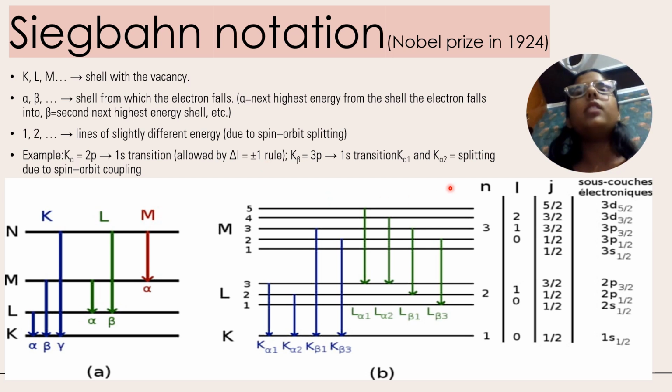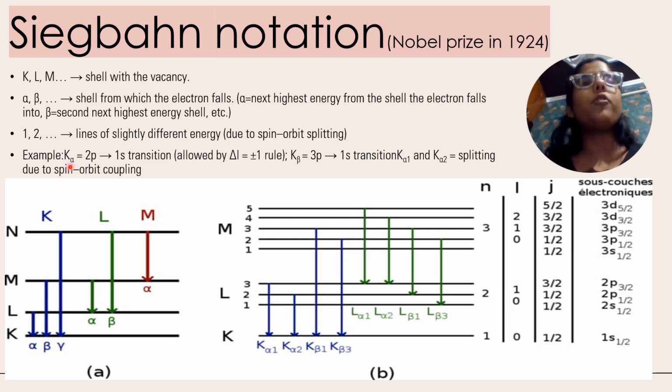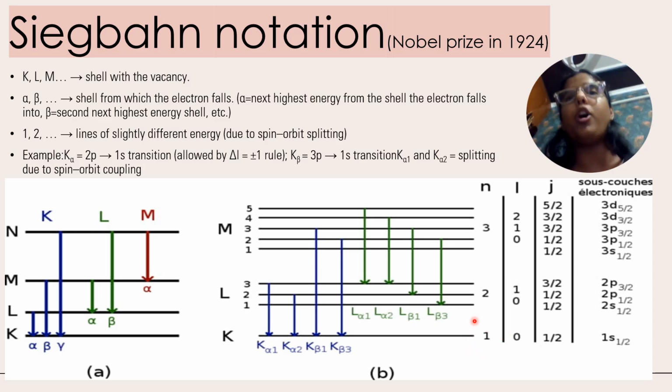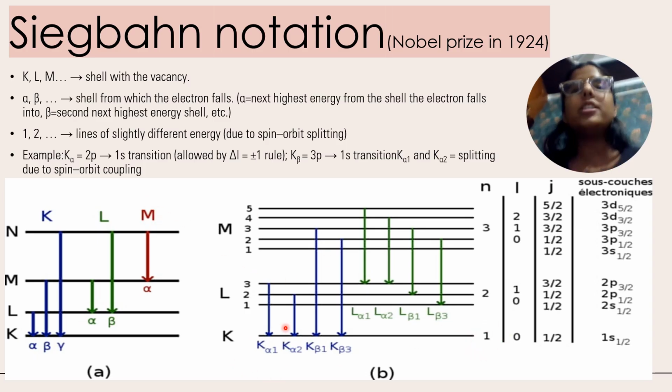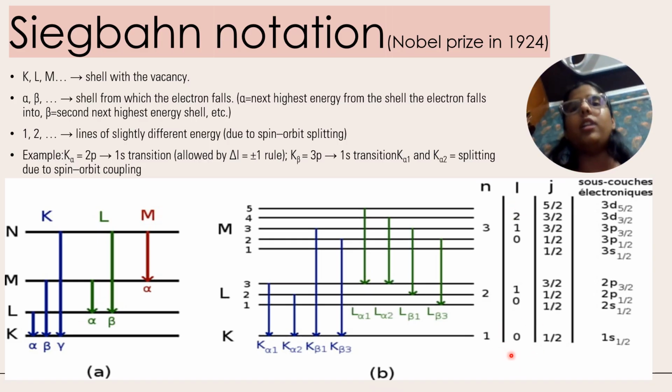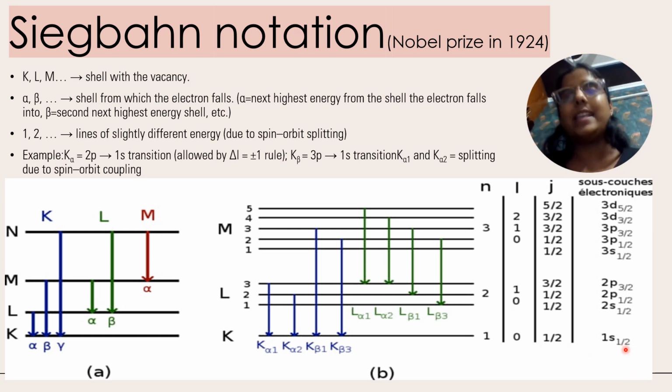Now let us learn how to interpret the information from any denotation of the spectral line. From K alpha, we know that the electron transition is ending in the K shell, which means that the electron is coming to the principal quantum number of 1. And as in principal quantum number 1 the l value is 0, the subshell present in this is only s, so it is denoted by 1s.